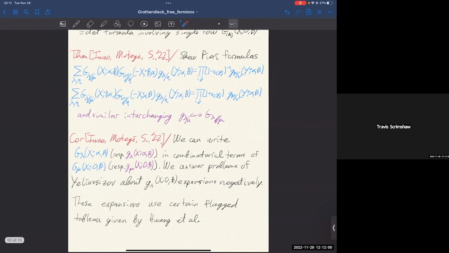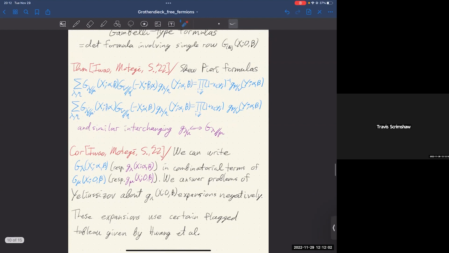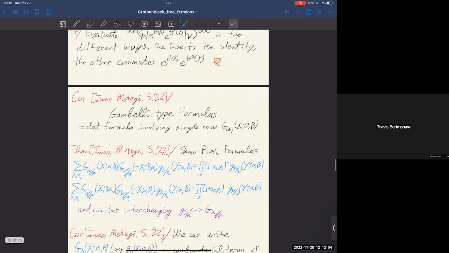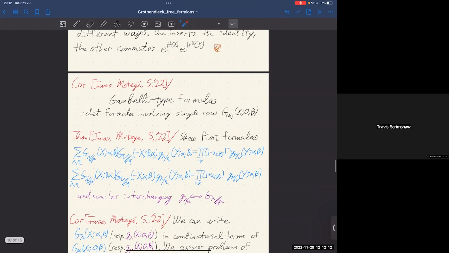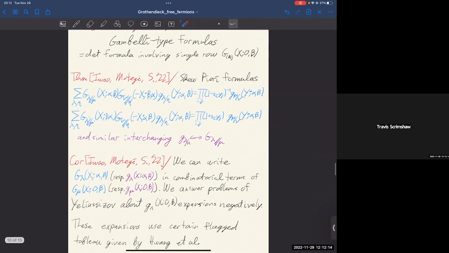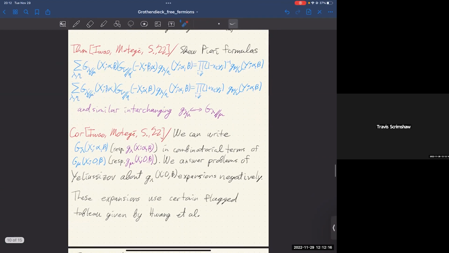And again, this is using a formula similar to this, but we have 3 half vertex operators inside instead of 2. But it's still just a simple consequence of using the formalism that we've built up.